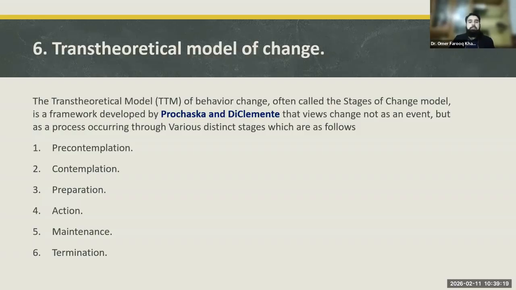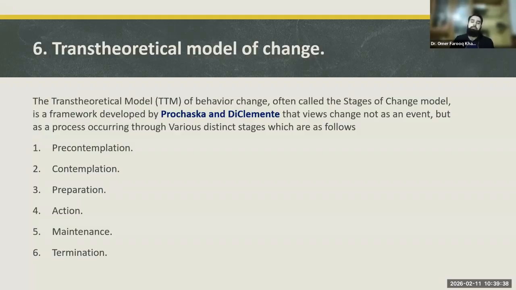So what DiClemente stated is that it is a process occurring through various distinct stages, which are as follows: pre-contemplation, contemplation, preparation, action, maintenance of that action, and then termination.